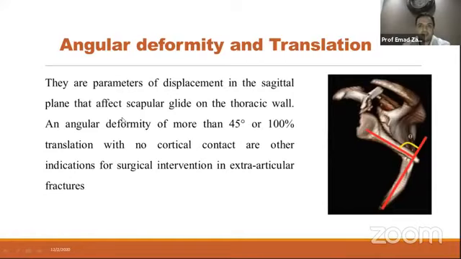And the scapulothoracic junction is a part of this shoulder girdle. The angular deformity more than 45 degrees or 100% translation with no cortical contact are other indications for surgical intervention in extra-articular fractures.